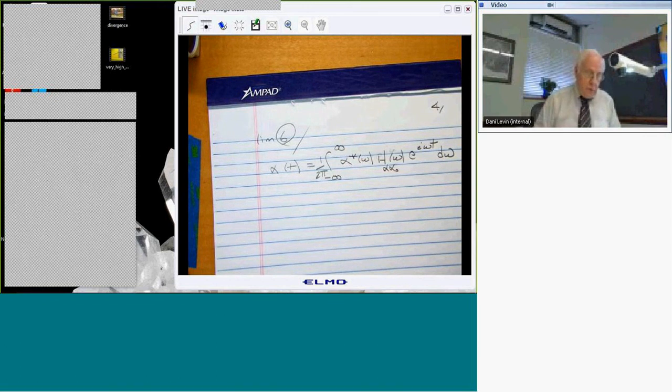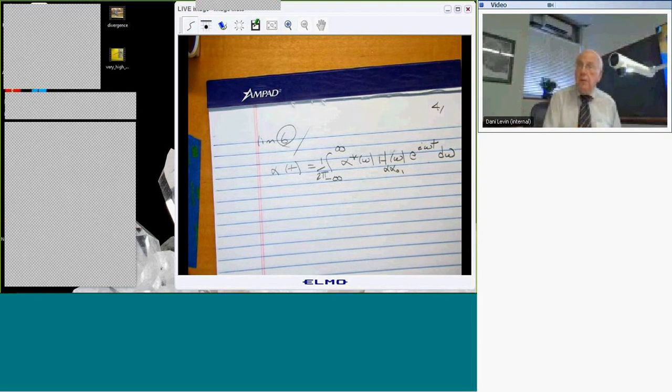Okay. So the way the game then is played is I use equation 7 to find alpha star, right? Knowing alpha of t, I use equation 7 to find alpha star. I multiply by the transfer function, multiply by e to the i omega t, and do this integral over frequency, and then I'm done.